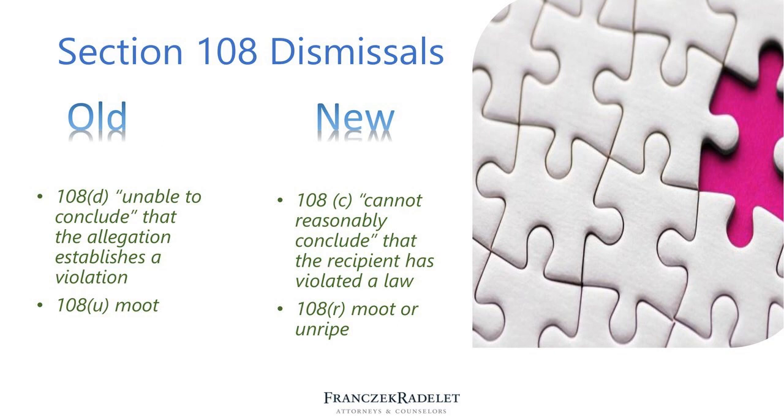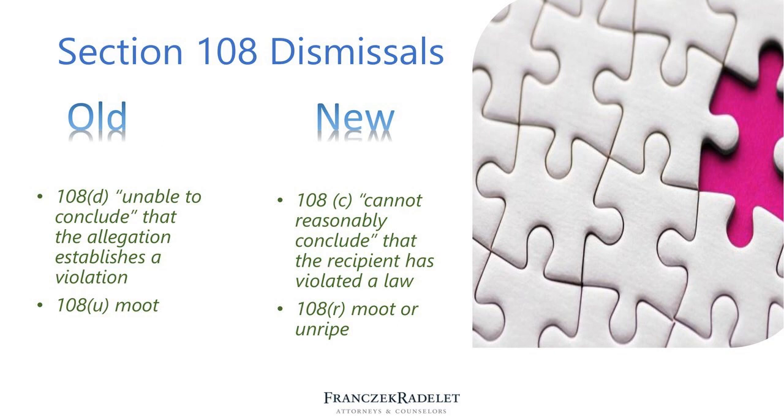With respect to 108, what used to be 108U and what is now 108R, there used to be a dismissal provision that allowed for dismissal if the matter was moot, meaning that it no longer was a valid ongoing concern. This happens a lot in OCR cases where the student has graduated. People will say, it doesn't matter anymore what happens with them in this class because they aren't here anymore. That's moot.